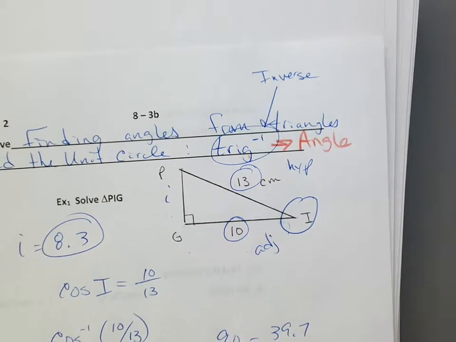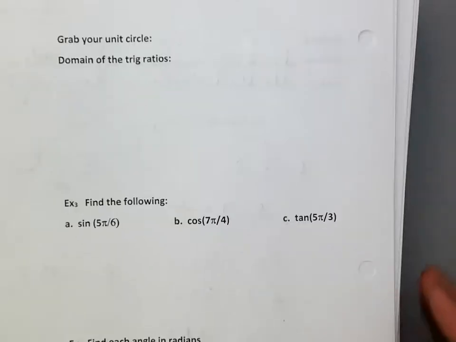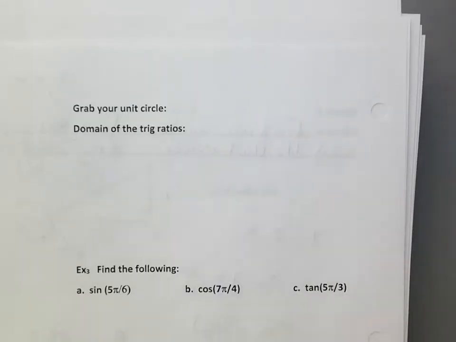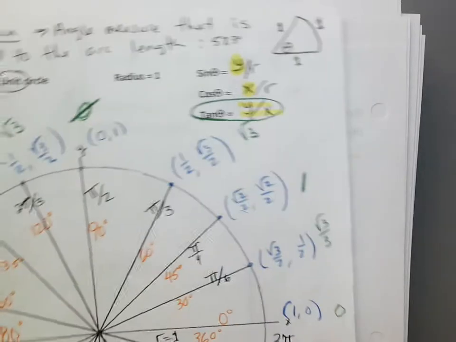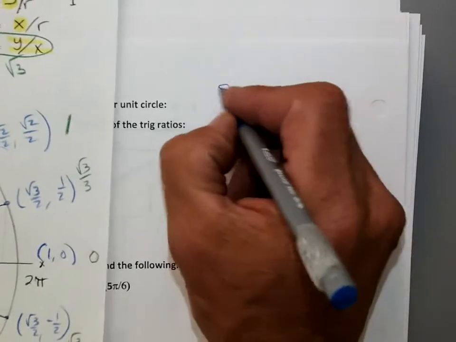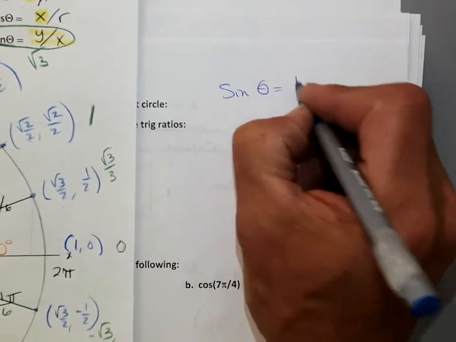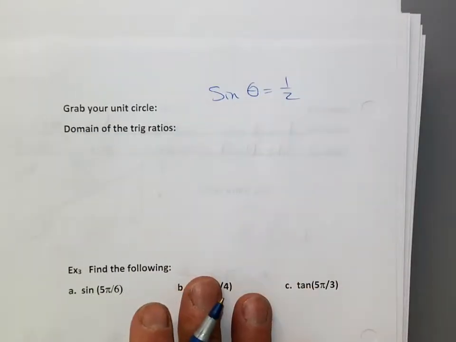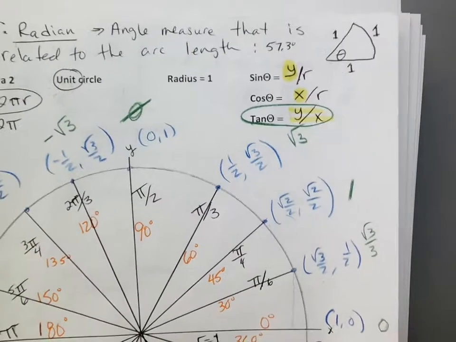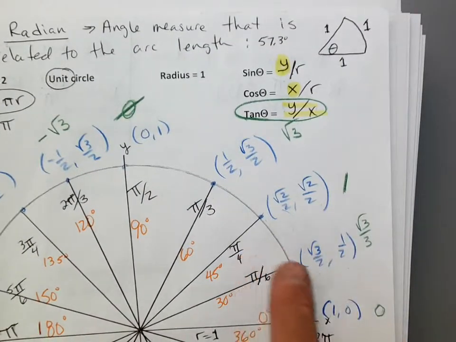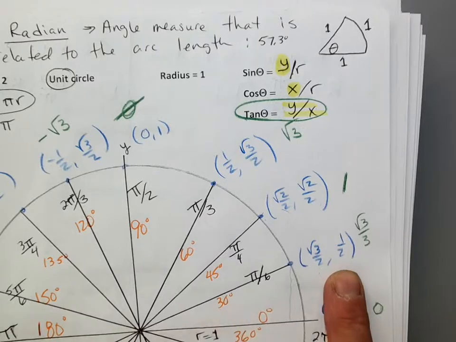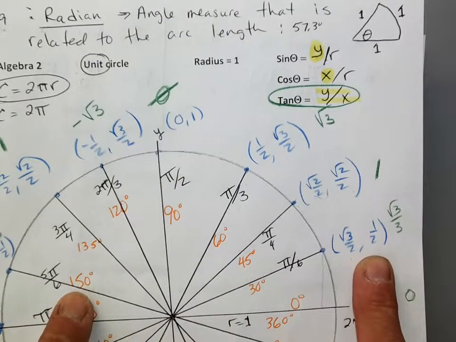Okay? So let's flip the page. Now, from the unit circle, we kind of played around with it a little bit. We noticed that on the unit circle there are two possible answers, right? For instance, sine of theta equals 1/2. We found that the 1/2 value is here at 30 degrees and here at 150 degrees, right?